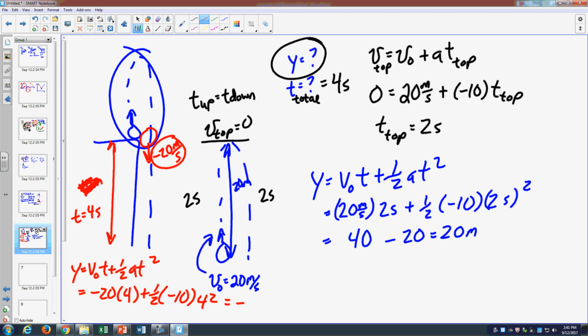It's negative 80. Oh, no, it's not 5 times 20. It's 5 times 16, minus 80 equals minus 160 meters. So that distance from the top of the cliff down to here is 160 meters. It takes 4 seconds to fall. It's 160 meters.